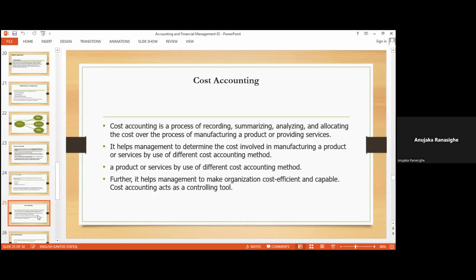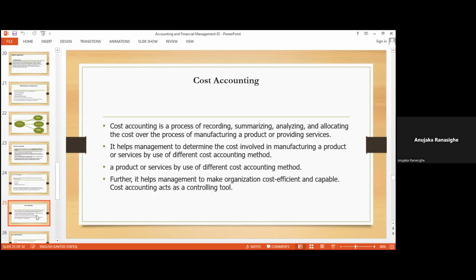It helps management to determine the cost involved in manufacturing a product or service by use of different cost accounting methods. Management can take decisions through the cost accounting system.